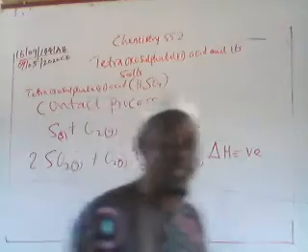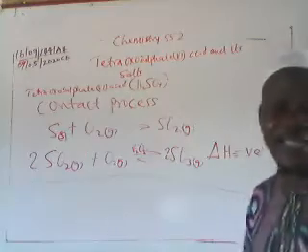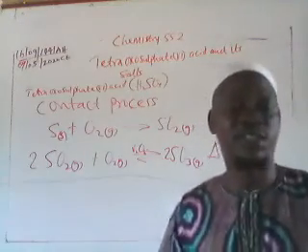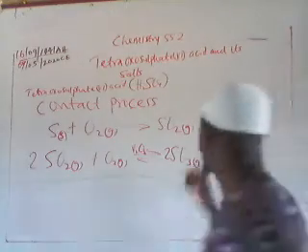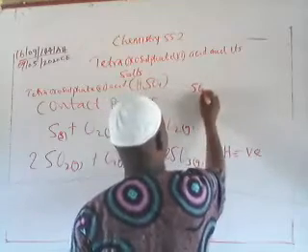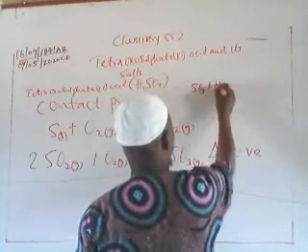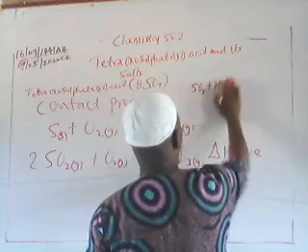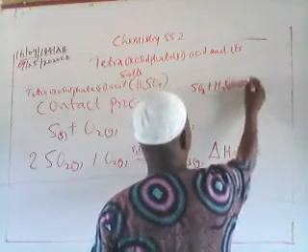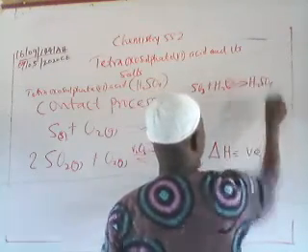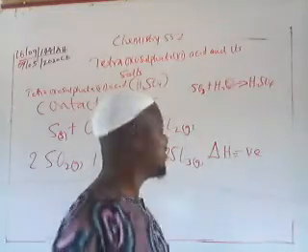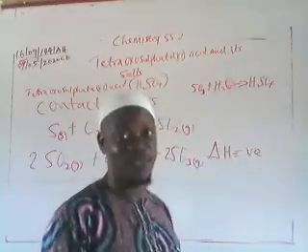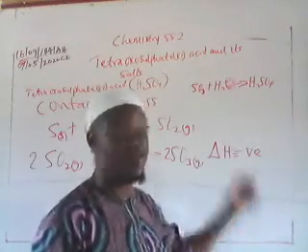Now the question you may ask me is, since our target is to produce tetraoxosulphate(VI) acid, why not just dissolve the sulfur(VI) oxide in water? You see that if you dissolve sulfur(VI) oxide in water, it has the tendency of giving us tetraoxosulphate(VI) acid. So this would have been an excellent, very easy process, but this doesn't happen.